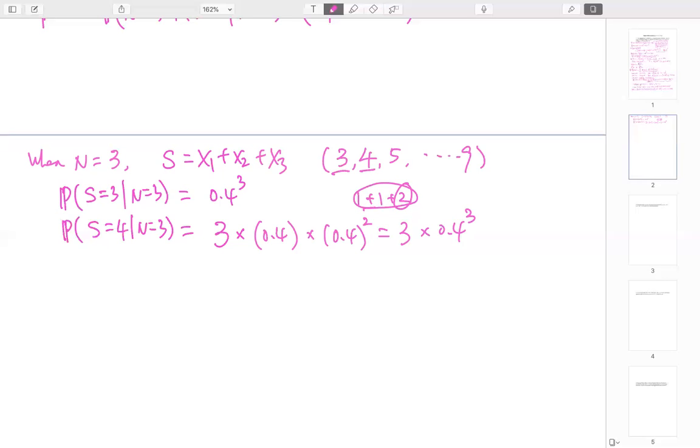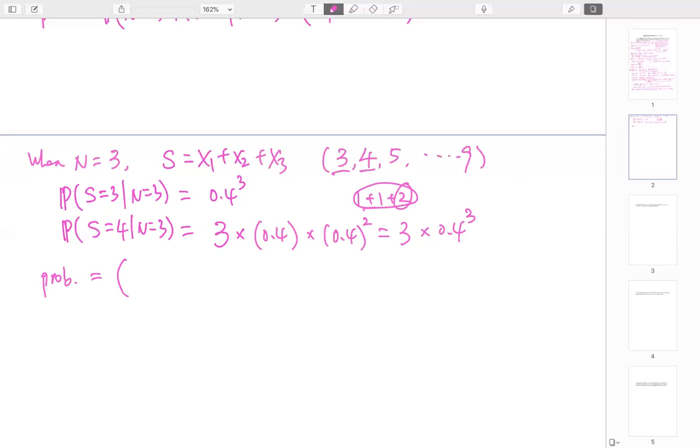I actually didn't compute to this step, but you should be able to easily calculate. For example, 0.4 to the third is 0.064 times 4 is 0.256. Okay, so I will leave this to you.